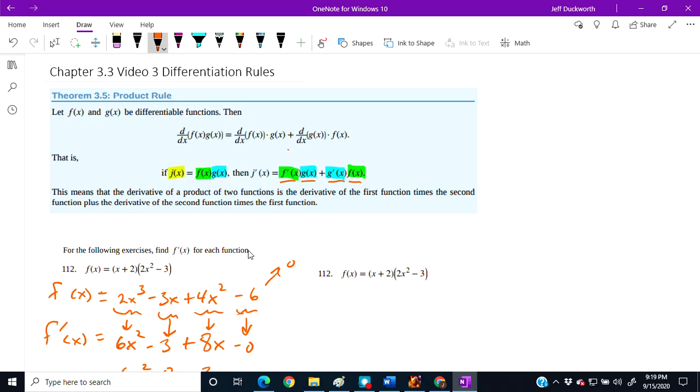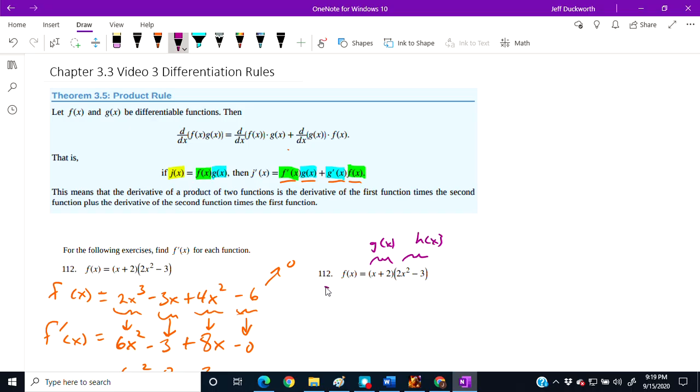All right, so let's try to do number 112 again, only this time we're going to use the product rule. So since we're using f of x, I'm going to let this x plus 2 be g of x, and this 2x squared minus 3 be h of x.